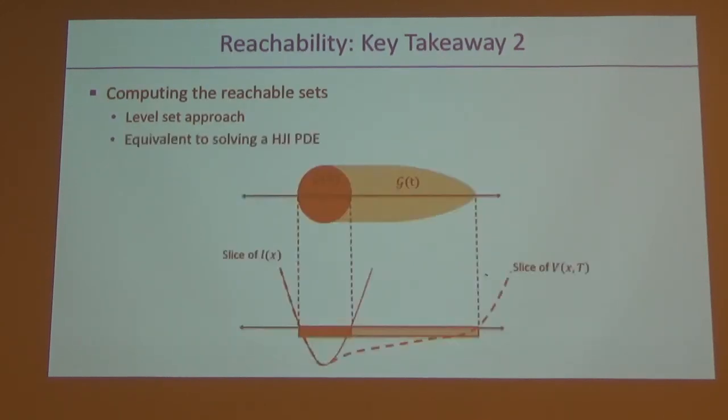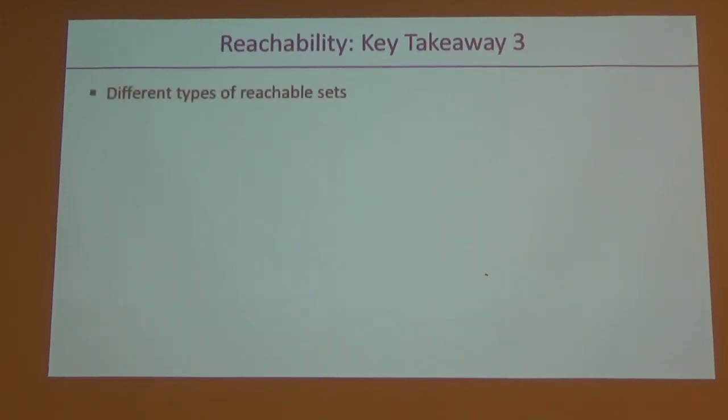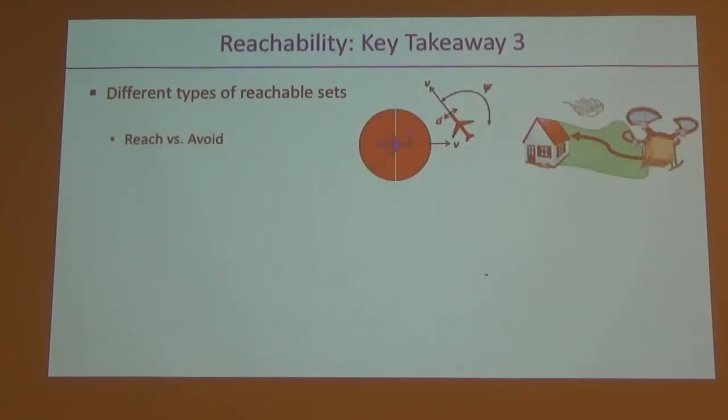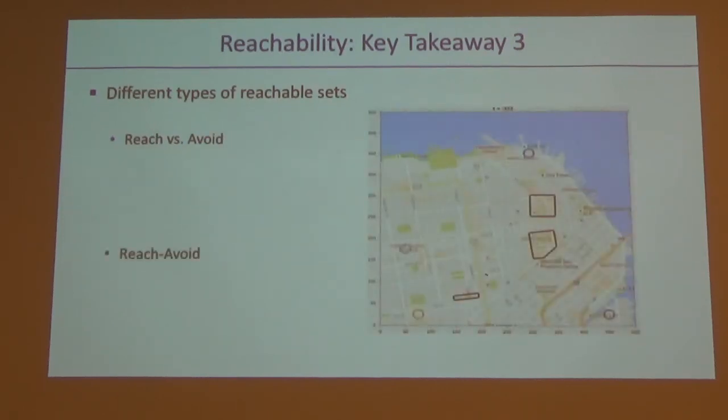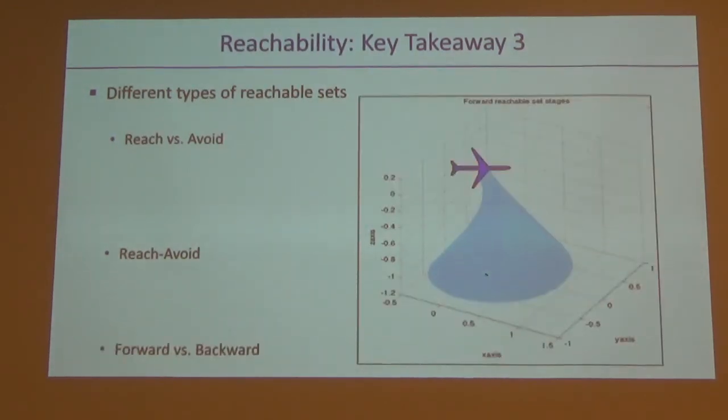Ultimately, computing the reachable set is equivalent to solving a Hamilton-Jacobi PDE using the level set approach. Finally, we can compute different types of reachable sets depending on the problem we are dealing with. We talked about reach versus avoid sets, where we want to reach a particular set of states or avoid a particular set of states. We talked about reach-avoid, where we want to reach a particular set of states while avoiding another set of states. And we talked about forward versus backward reachable sets. All of these sets can be computed in a time-varying fashion.